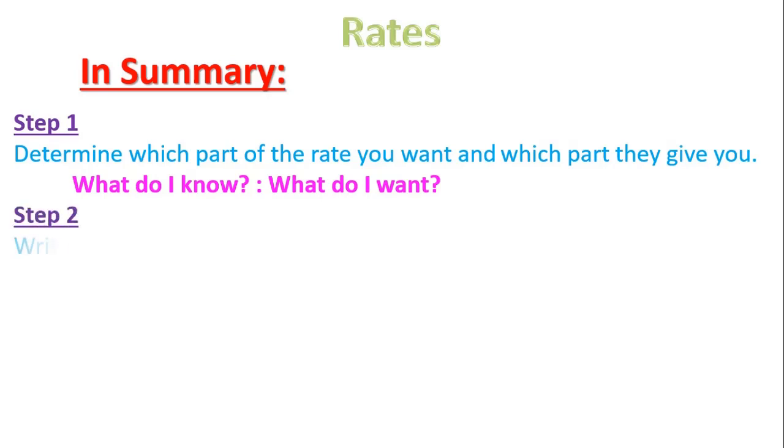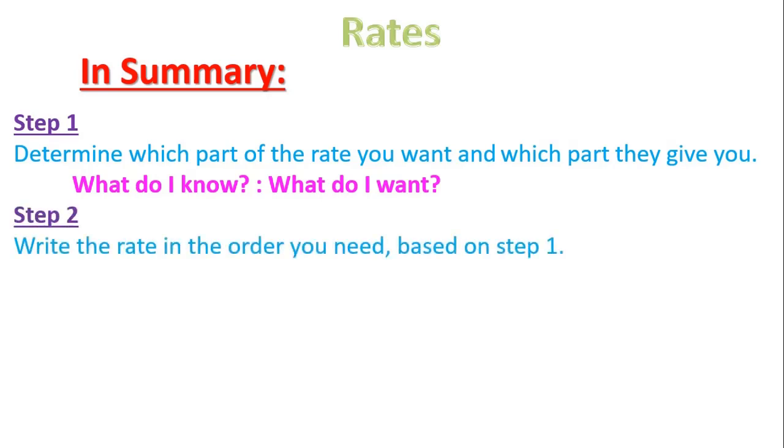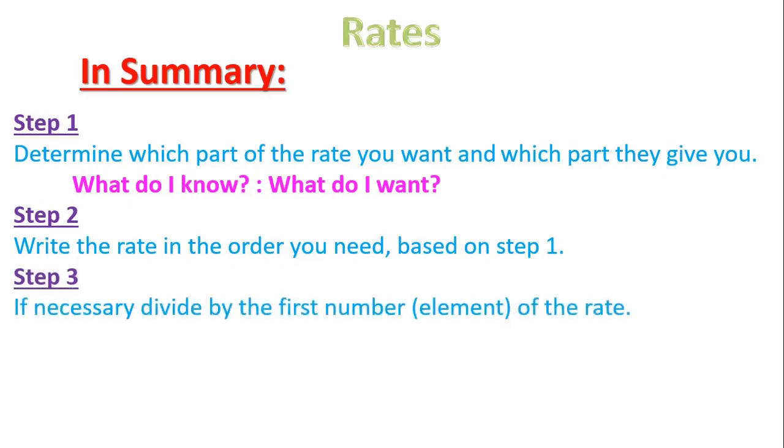Step 2. Write the rate in the order you need based on step 1. And so now we write the actual numbers. We normally get that from the beginning part of the question. Step 3. If necessary, divide by the first number or element of the rate. In other words, if it's not 1. So you don't have 1 liter equals something, you have 7 liters equals something.